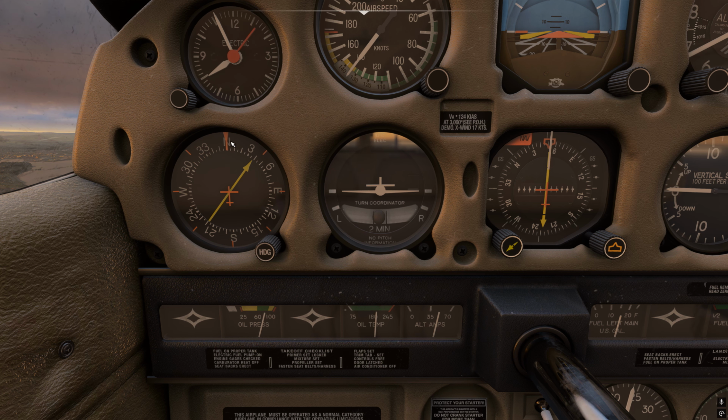Now, it becomes a bit more difficult when, say, the aircraft heading's 330 and it's down to here. So let's, for example, say 330 plus 40, that gives you a heading of 370. Now, bearing in mind a compass rose only goes up to 360 degrees, so 330 plus 40 is 370, or 360 plus 10 is the heading or track of 010 degrees, if you know what I mean.